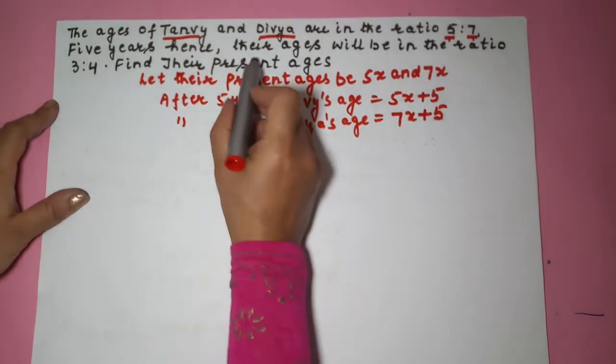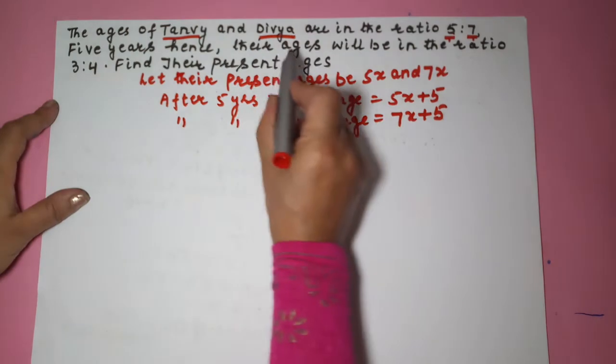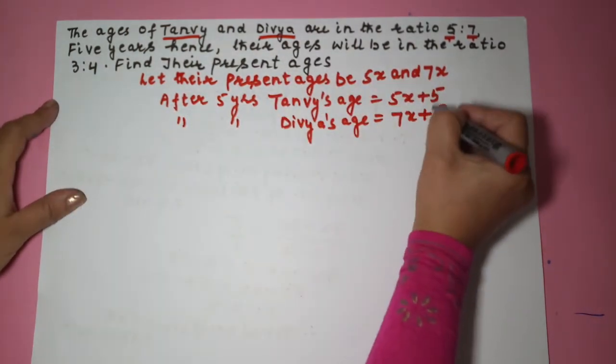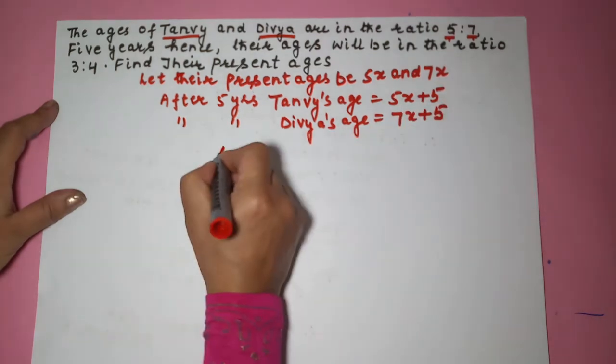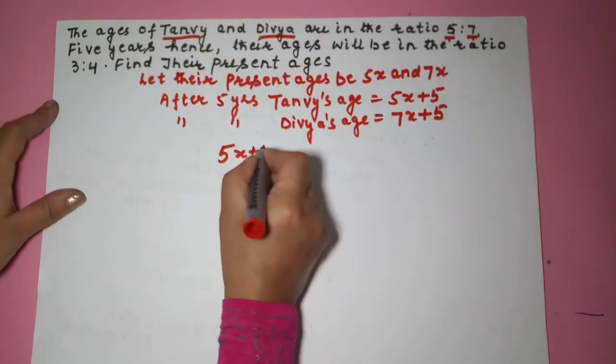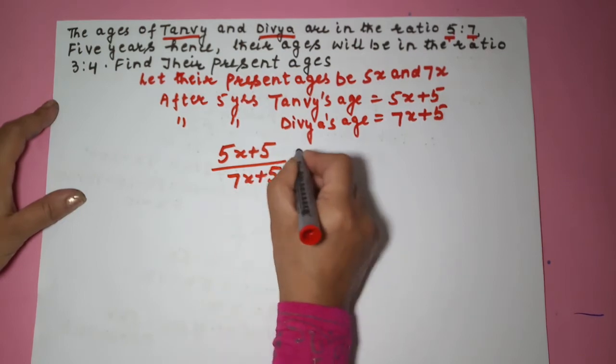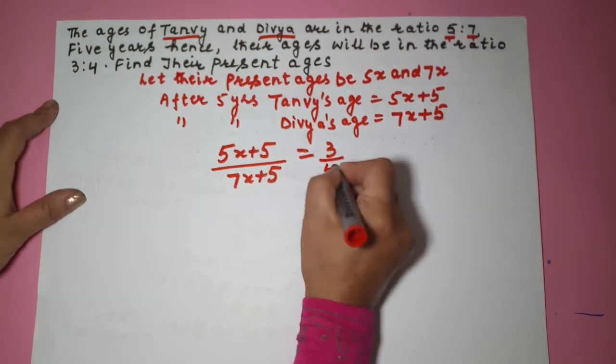Now their ages after 5 years will be in the ratio 3:4. So the ratio of 5x plus 5 upon 7x plus 5 is equal to 3/4.